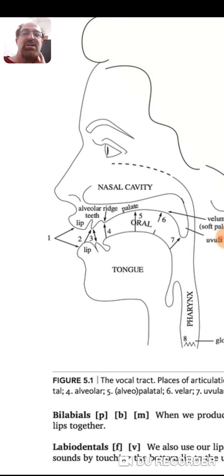Number 6 is the flesh part. Number 7 is a sound. In English we do not have such sounds. We are going to talk about them later on, just now, after a few minutes. But Arabic has got.